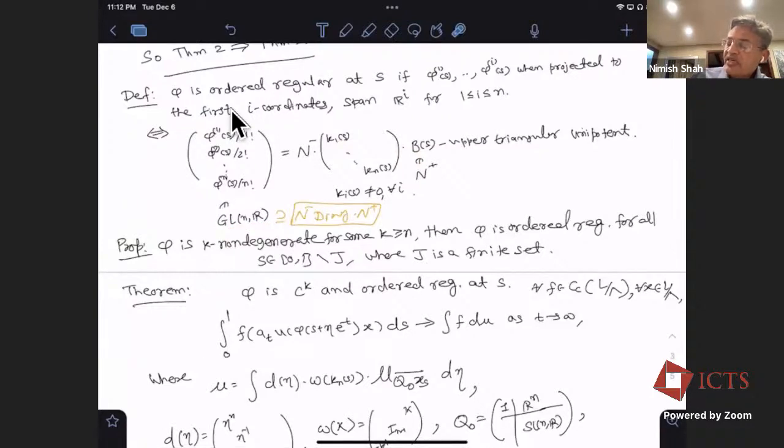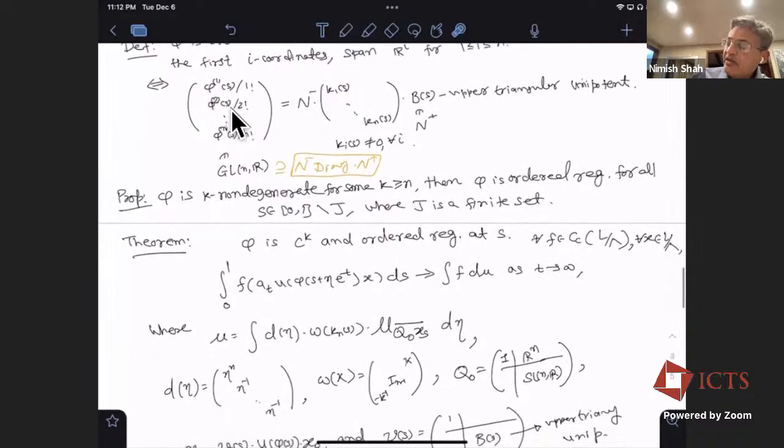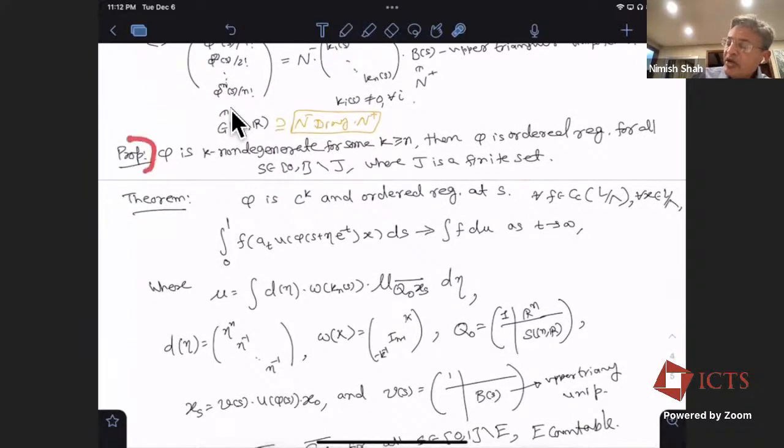So this is in GL_n, and our big group is R^n ⋊ SL_{n+1}. It's just a way of writing regular, and an interesting proposition, which is not totally trivial, is to say that if phi is k non-degenerate for some k bigger than or equal to n, then in fact phi is ordered regular for almost all s in (0,1) minus a finite set.